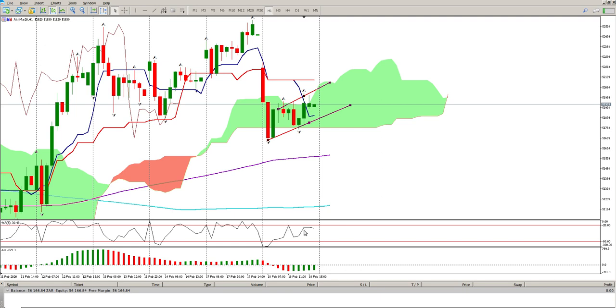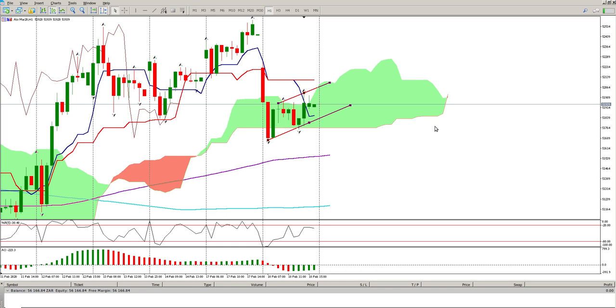Looking at the oscillator at the moment, no divergences or anything which would argue that point for me. But looking at the hour here, there's definitely merit that we get a bit of a move to the upside, and then on that pullback, we fall past the gap and break to the downside.